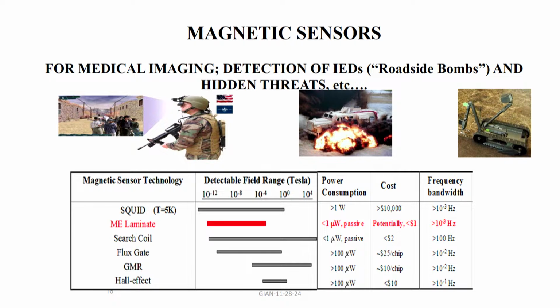So, let us move on to magnetic sensors. There are several types of magnetic sensors, and a SQUID magnetometer costs thousands of dollars, and it does not consume that much power, but each sensor element is more than $10,000 depending on the application.